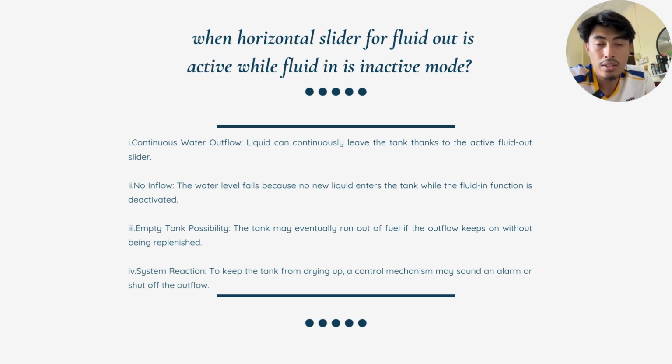Number 3 is empty tank possibilities. The tank may eventually run out of fluid if the outflow keeps on without being replenished. Number 4 is system reaction. To keep the tank from drying up, a control mechanism may sound an alarm or shut off the outflow.